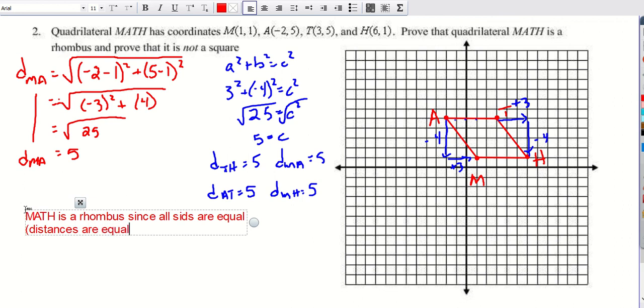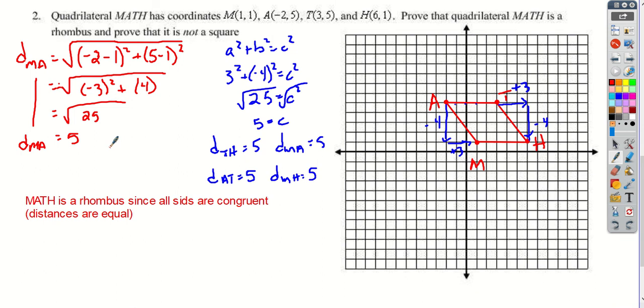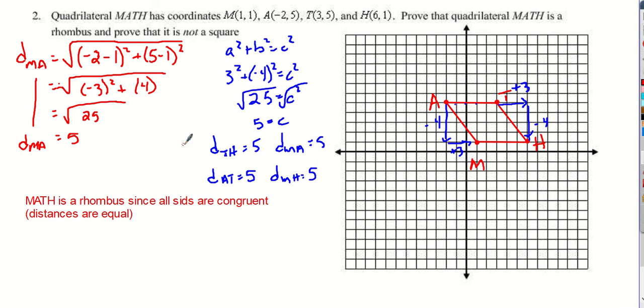And actually, I'm going to change the first equal there to congruent because we're using some geometry language here. Now, I could have also put a little statement here that says TH is congruent to MA, is congruent to AT, is congruent to MH, and then just not have to put this part. So somewhere along the line, I want to make sure we say that those distances are equal, and then it's a rhombus because all sides are congruent. So there we go for the first part.